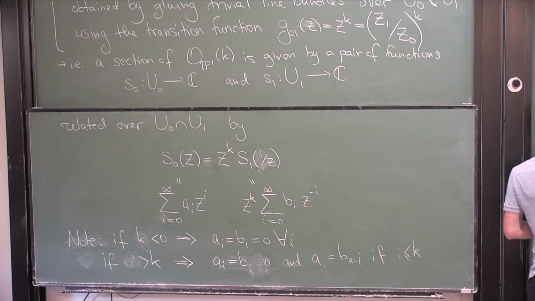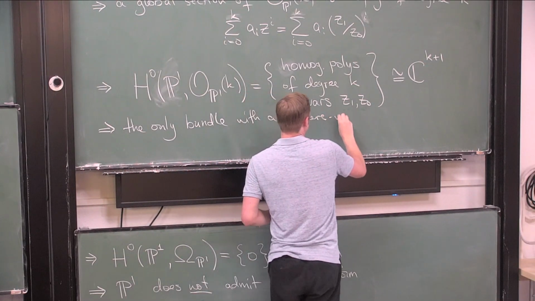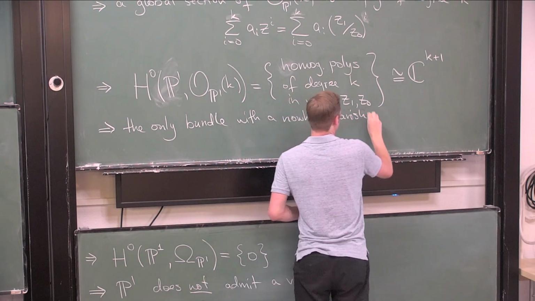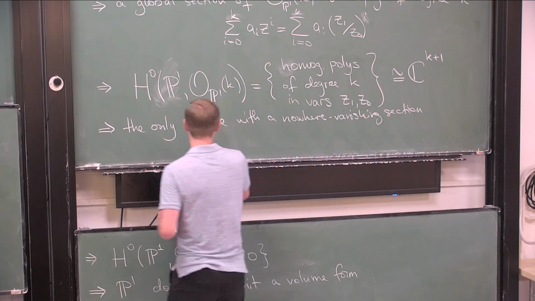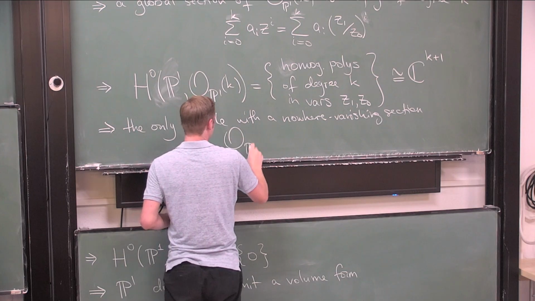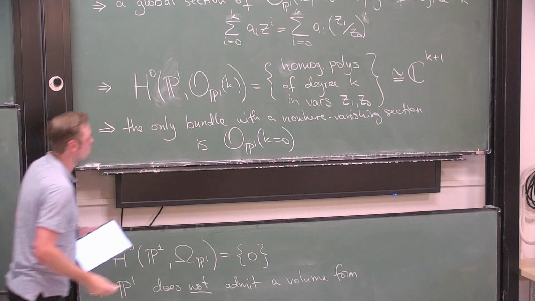The only bundle with a nowhere vanishing section is the bundle O P1 for k equal to 0, and this is what we call the trivial bundle.